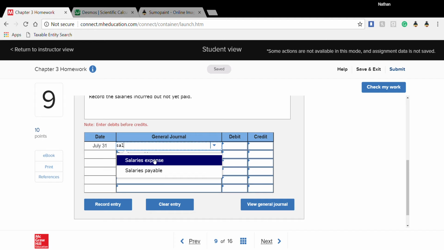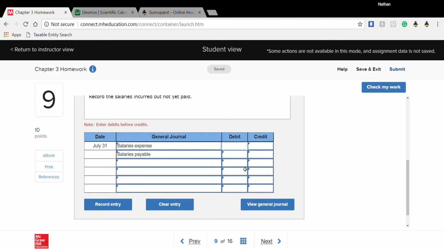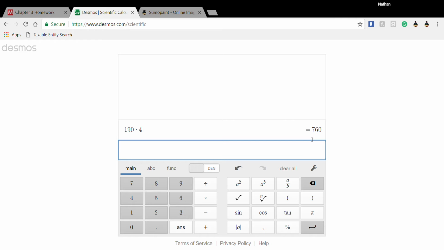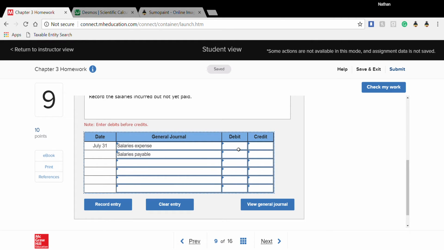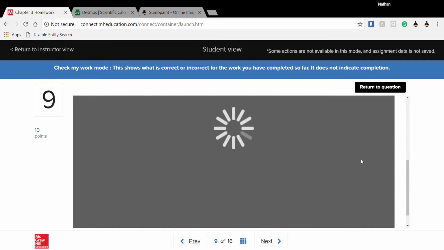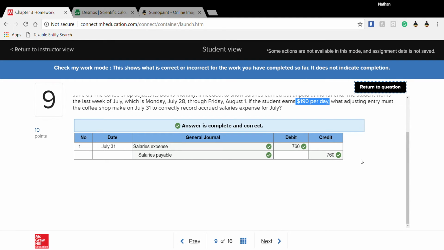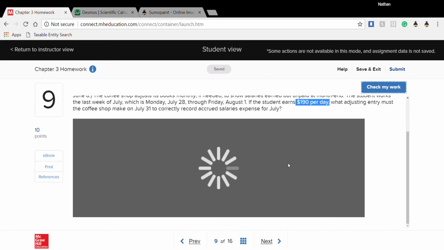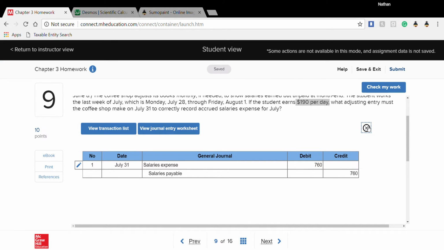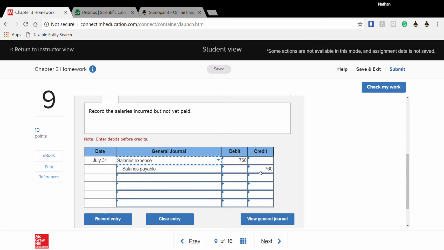So salaries expense, debit for the amount that we had, which was $760. And boom, check my work, make sure we did the math correctly. It is done correctly. We are good to go. Remember, with these journal entries, if this was wrong, always hit return and then hit that X, and it will pop it back into the workable place that you can use. Okay?